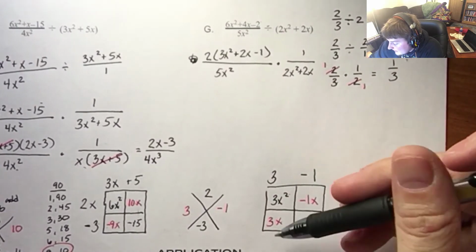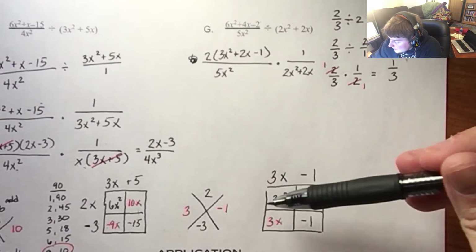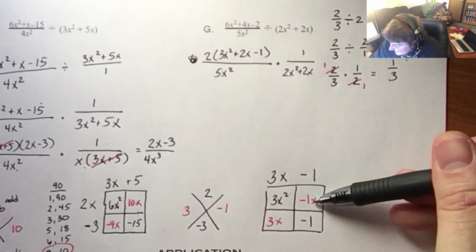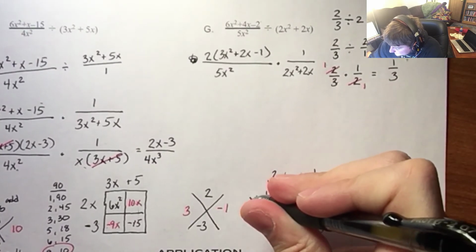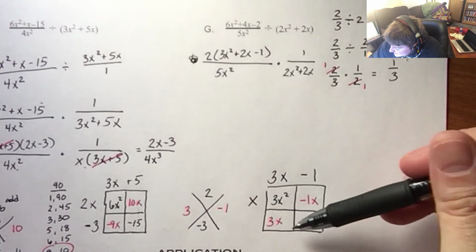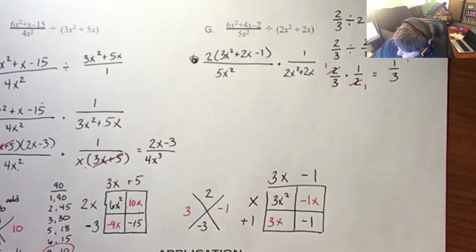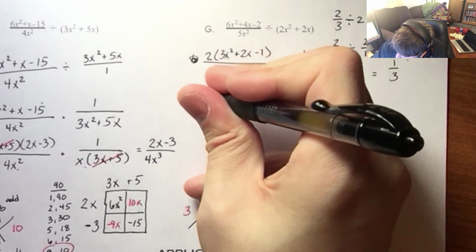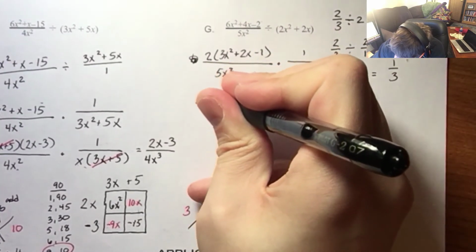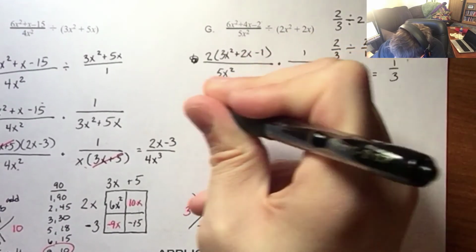X squared and x, the largest value that divides out of that is x. Largest value that divides out of 3 and 1 is just 1. Largest value that divides out of x and x squared is x. Largest value that divides out of 3x and negative 1 is 3 and 1. What goes into that? That's just 1. Okay, so this is going to factor into 2 times x plus 1 times 3x minus 1.